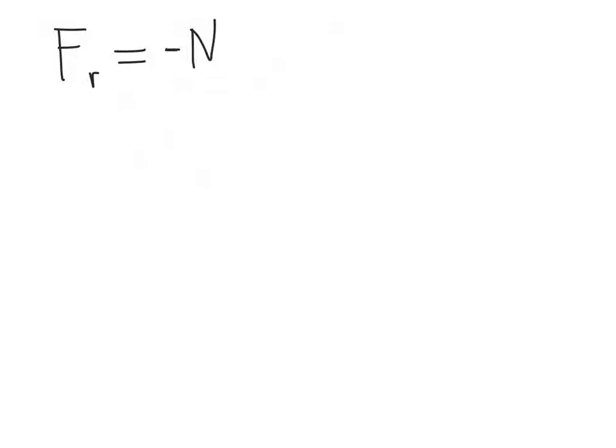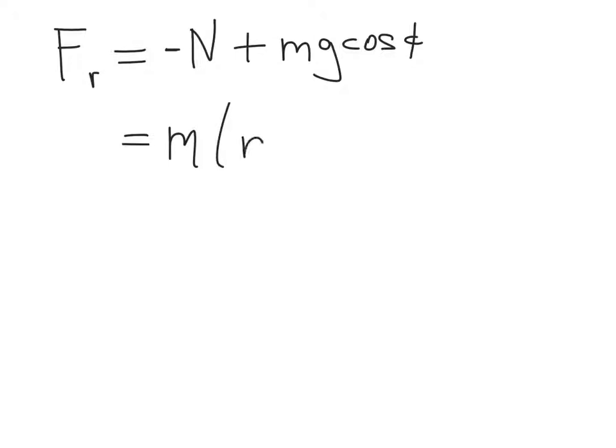Then the other force in the radial direction is the radial component of the weight, so that's going to be mg cos phi, which we just worked out. And Newton's second law tells us that this all has to be equal to the radial acceleration, the component of the acceleration vector along the radial direction. So that's going to be m times r double dot minus r phi dot squared.